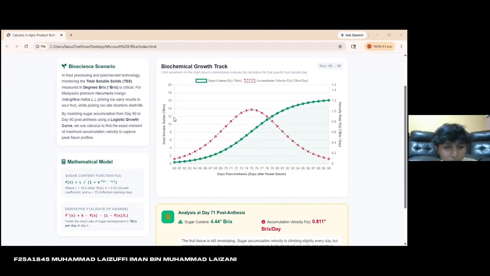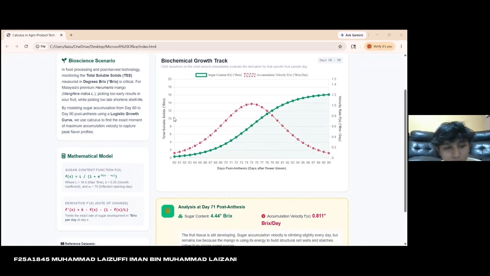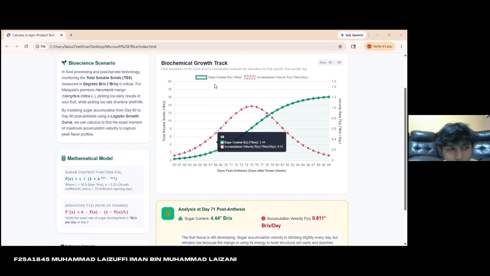As mangoes grow, their sugar content increases over time. Farmers want to know the best day to harvest so the fruit reaches ideal sweetness. However, the sugar does not increase at a constant rate.